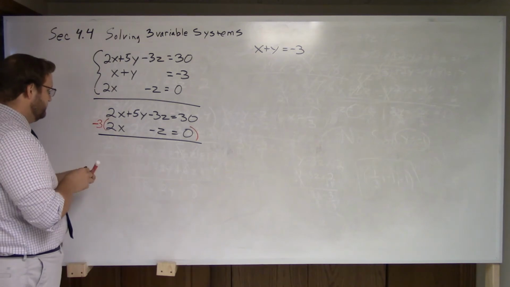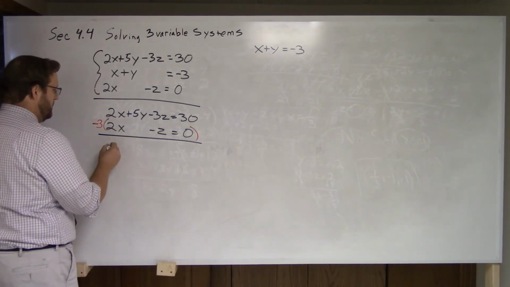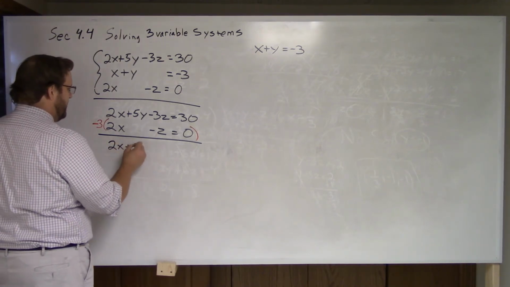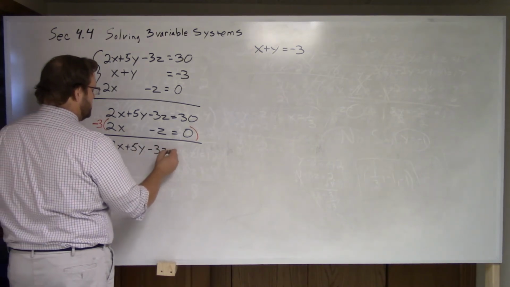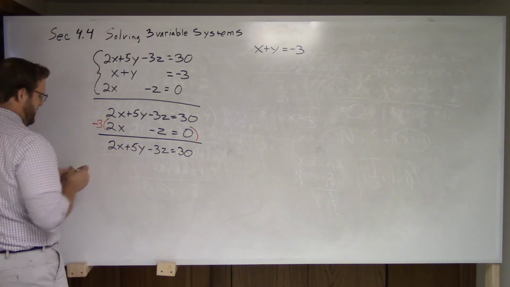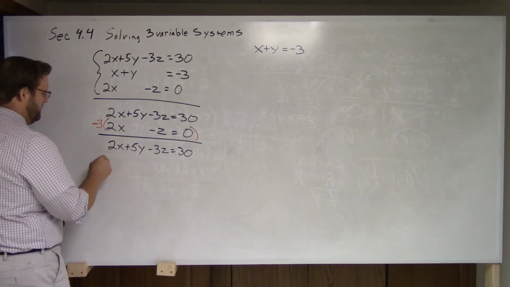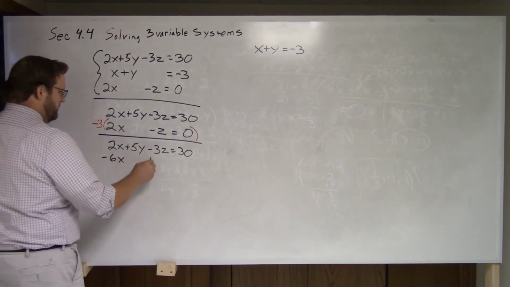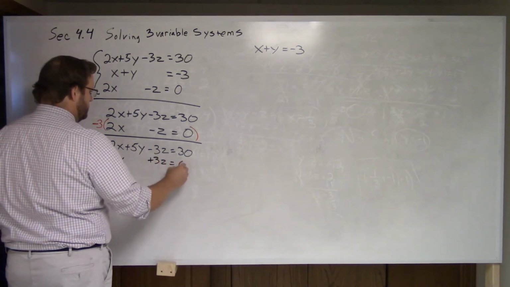So what I get is 2x plus 5y minus 3z equals 30. Then negative 6x plus 3z equals 0.